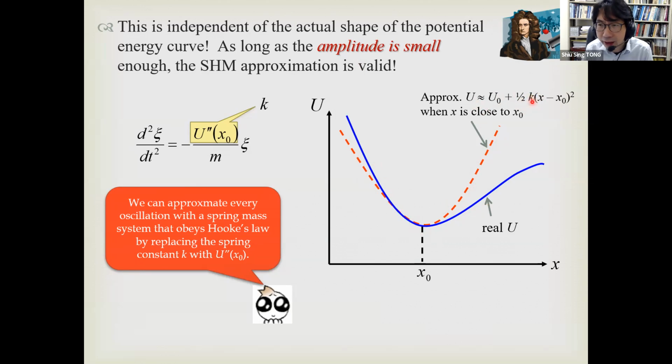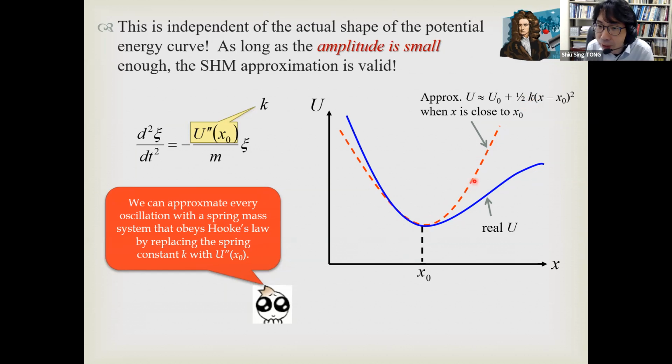Now, what is K, right? We choose K in such a way to match the second derivative of U, the curvature of the real U at the minimum position. So K is actually U double prime at x naught. By choosing K to be U double prime at x naught, the two curves become very close to each other in the vicinity of the equilibrium position.